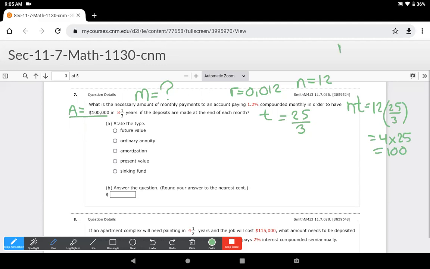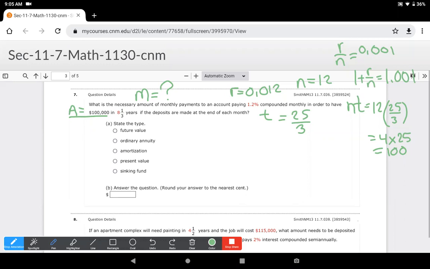R over n will simplify nicely, right? R being 0.012 divided by 12 gives us 0.001, right? So 0.001. And then from there, we also can say that the 1 plus R over n is 1.001.